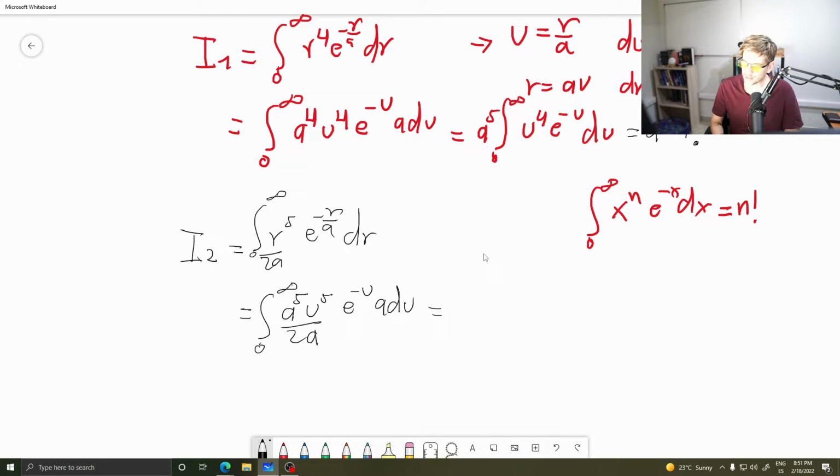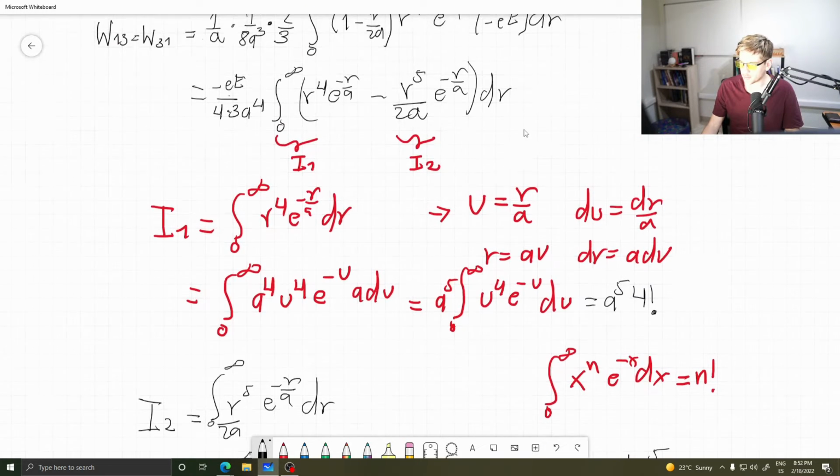So we get a to the sixth, but we have an a here, so we get a to the fifth again, divided by 2. And then the integral from 0 to infinity of u to the fifth e to the minus u du is going to be 5 factorial. So we get 5 factorial divided by 2 times a to the fifth.